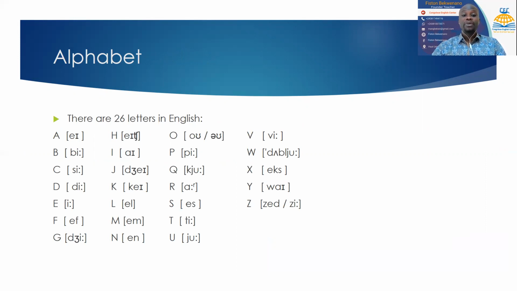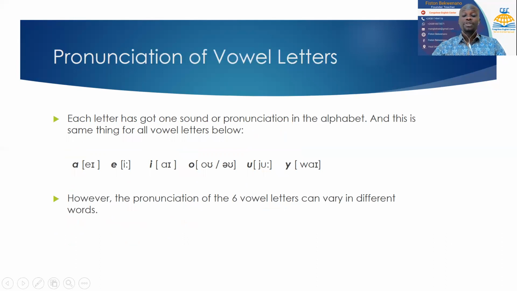We have A, B, C, D, E, F, G, H, I, J, K, L, M, N, O, P, Q, R, S, T, U, V, W, X, Y, Z, and in American English, sometimes they say Zee. Speaking about the alphabet, especially letters, you're going to see the pronunciation of vowel letters. This is really what we are trying to focus on.